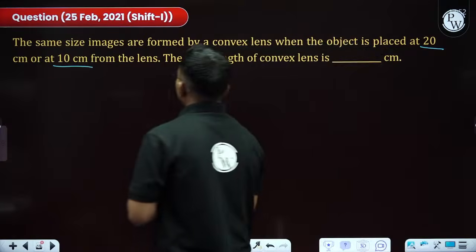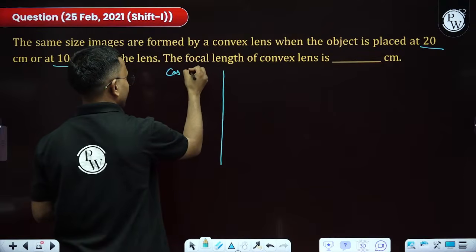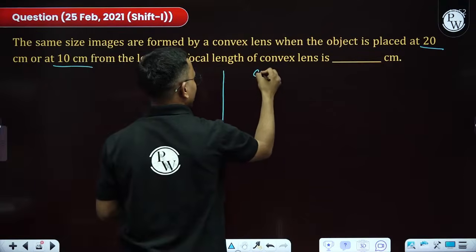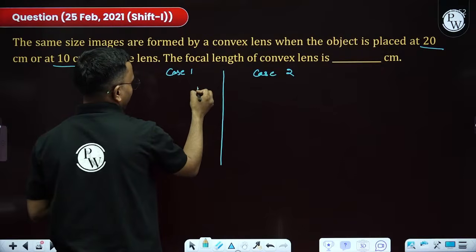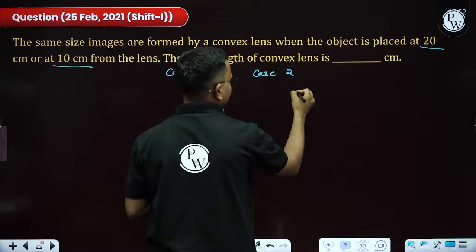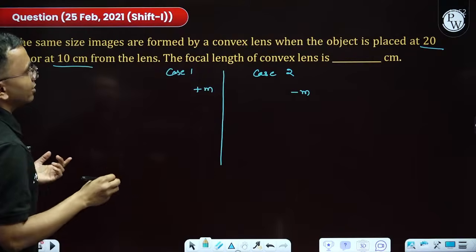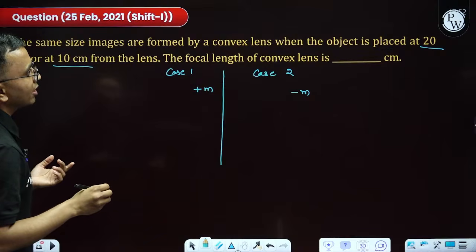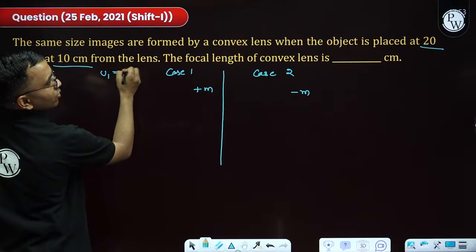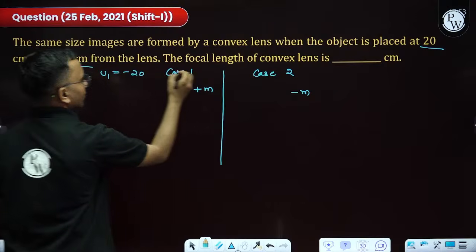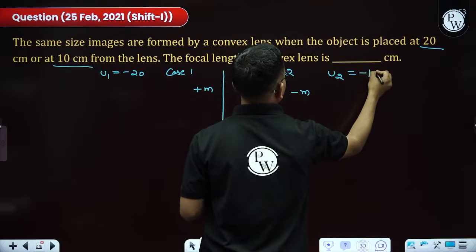Okay, so let us take these two cases, case 1 and case 2. Here you can say, let us take the magnification as plus m. Here, let us take the magnification as minus m. This is when the object is at 20 centimeter. u1 is equal to minus 20, u2 is equal to minus 10 centimeter.